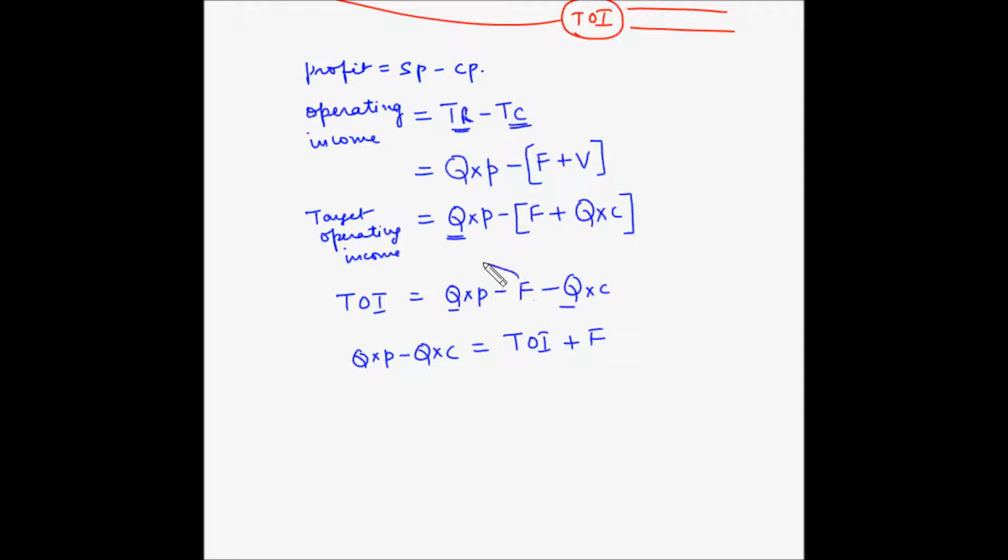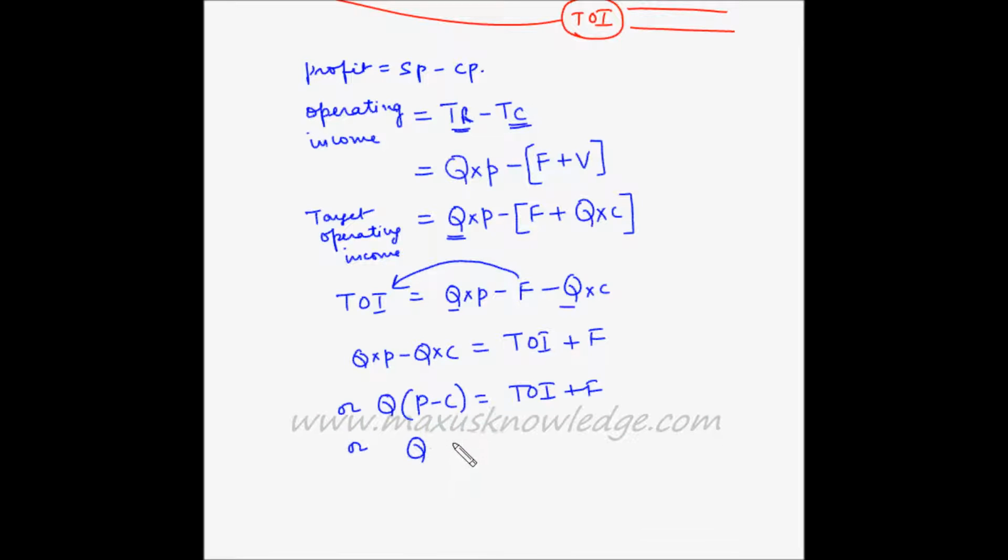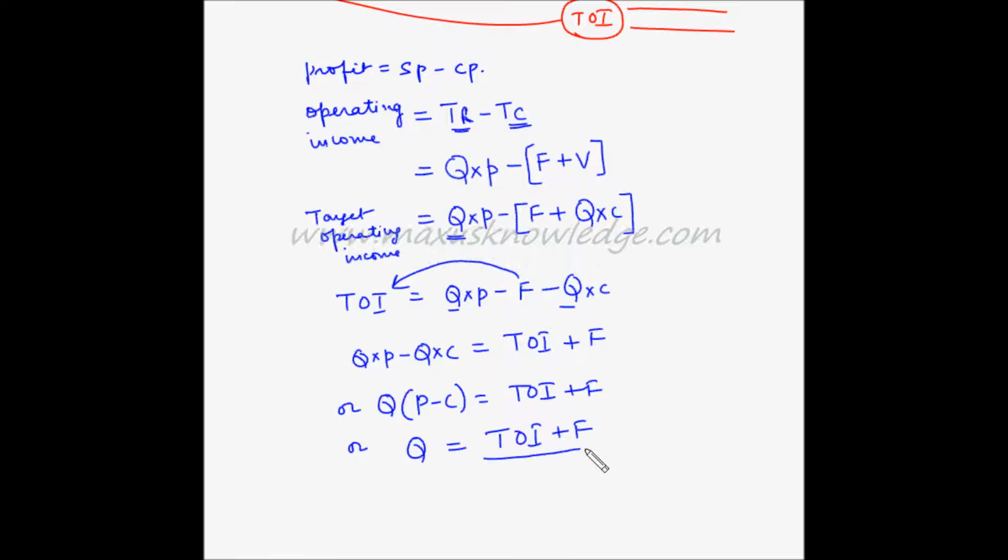So we are taking this on the other side, or we can take Q as common. So Q times (P minus C) is equal to target operating income plus the fixed cost, or the number of units is equal to target operating income plus fixed cost divided by P minus C.